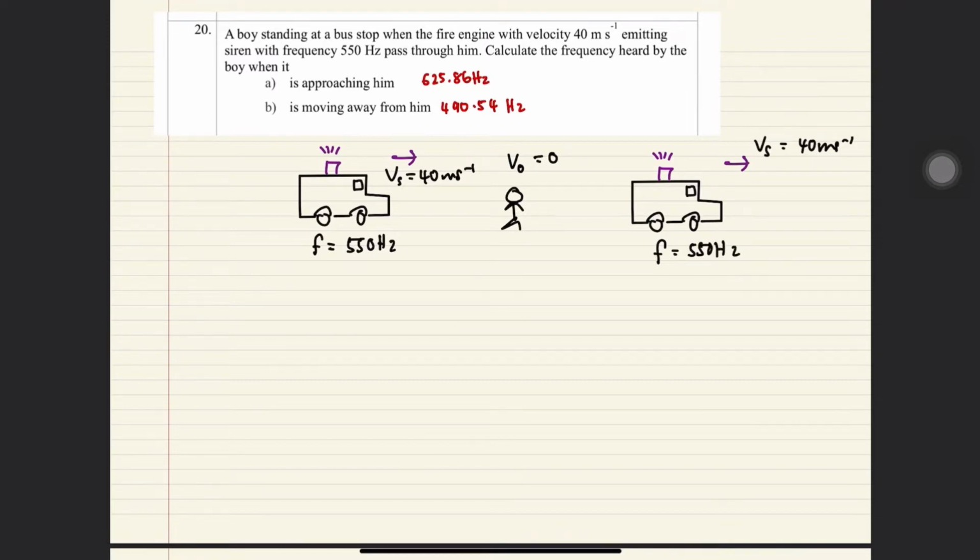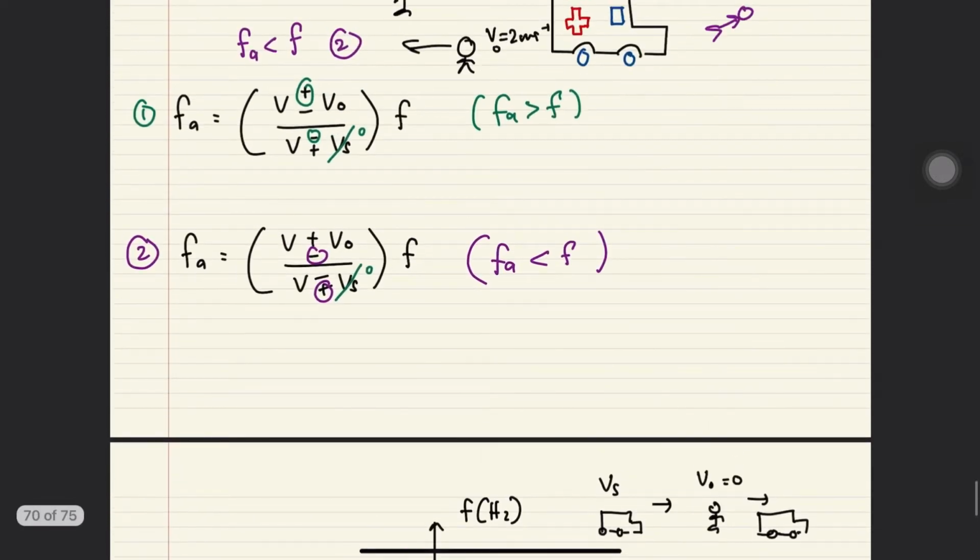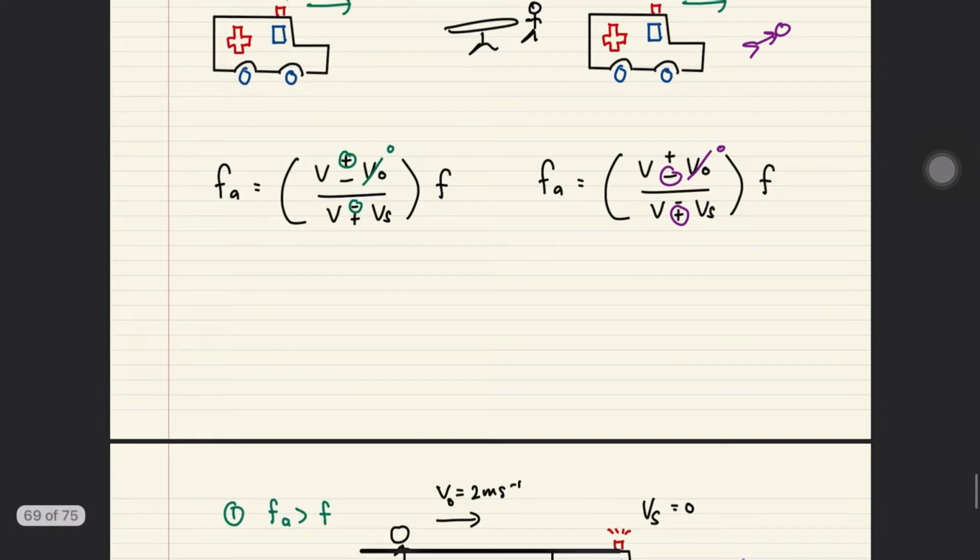And then you have a situation where the fire engine is approaching the observer, and for B, it's moving away from the observer. And basically you want to use only one formula. Maybe I can take from previous one. I just want to take it from here.